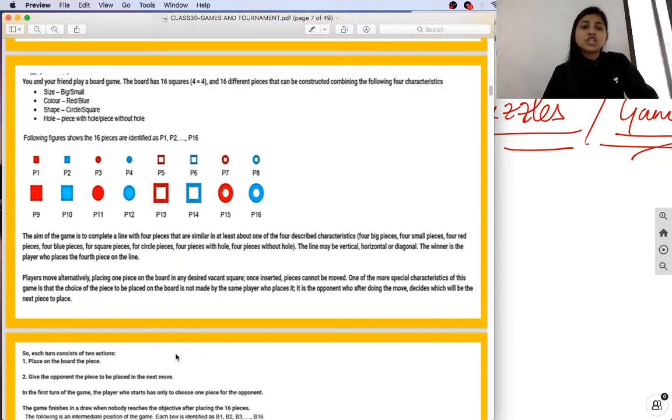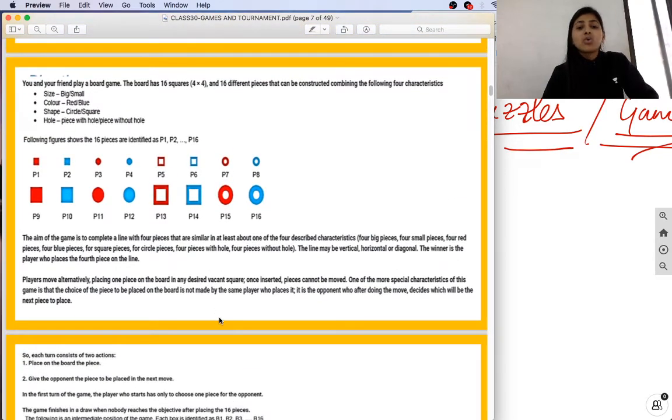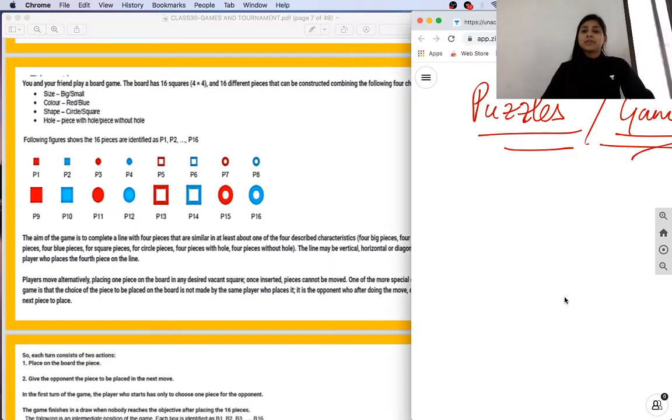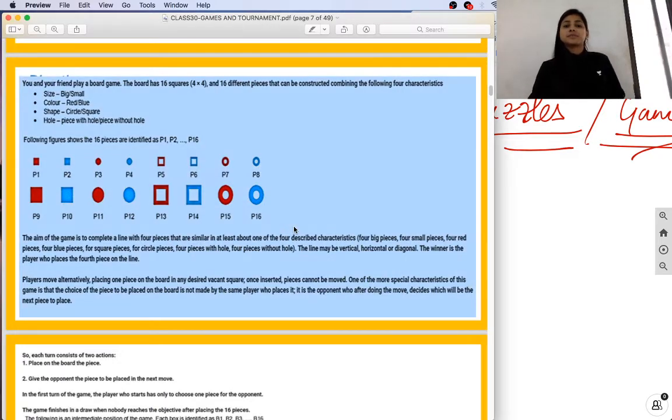So read the information about the game, how you can win the game and all those things. Read it, try to understand what is provided.